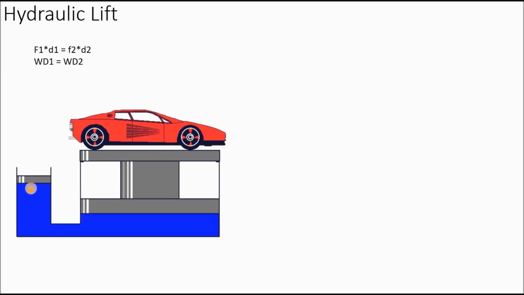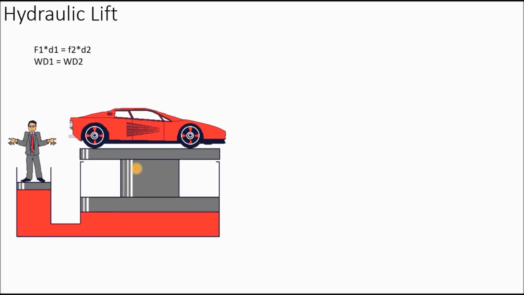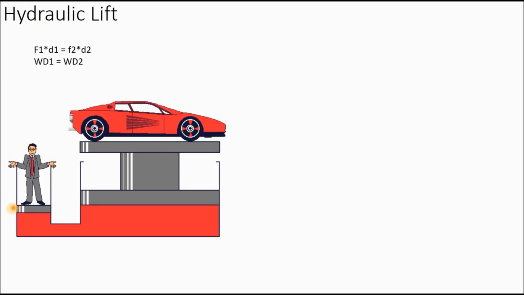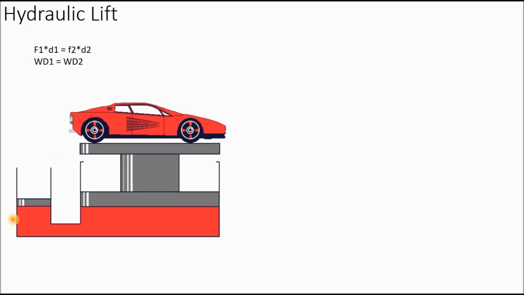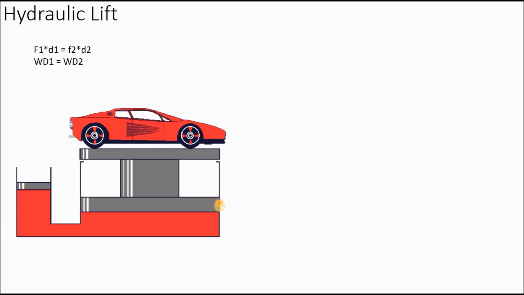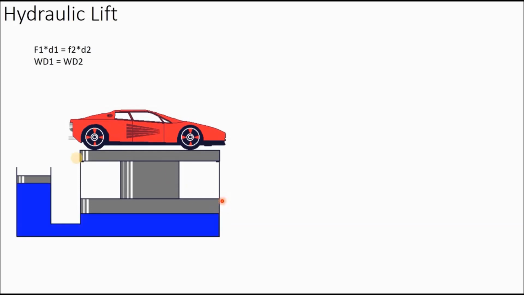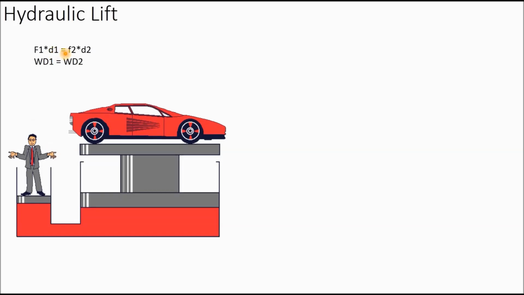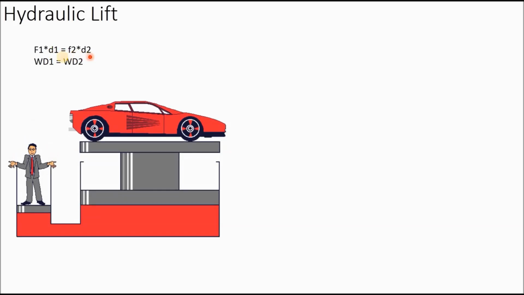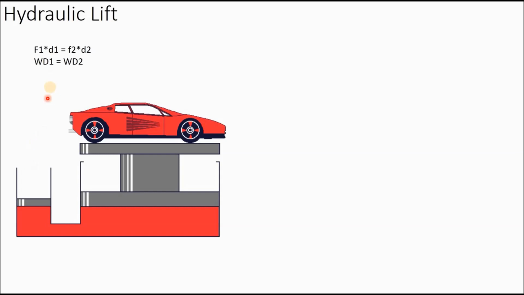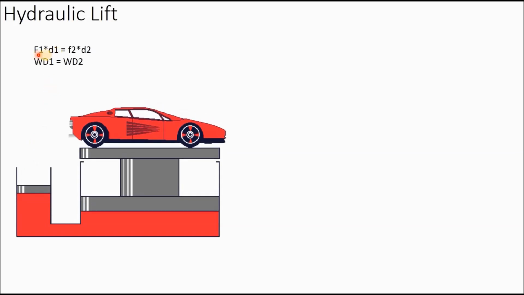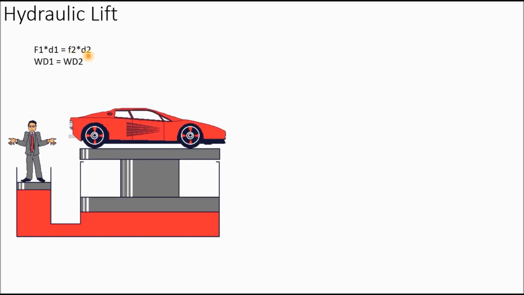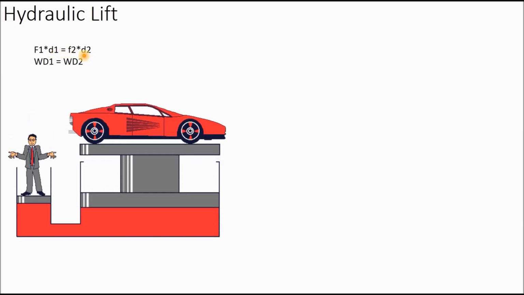If you see this, it rises up, so the distance traveled here is more, but the distance traveled there is less. Here F1 is less but d1 is more, and here F2 is more but d2 is less, so the product remains the same.